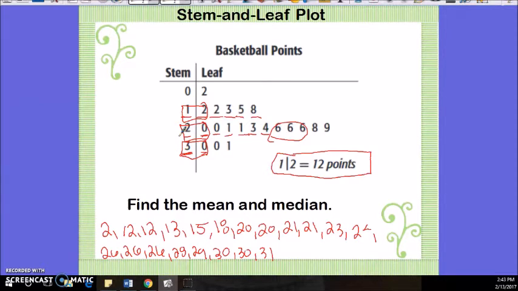So now you're going to add all these up together. And you will divide by what? How many numbers do we have? We have 20 numbers. So 2 plus 12 plus 12 plus 13 plus 15 plus 18 plus 20 plus 20 plus 21 plus 21 plus 23 plus 24.